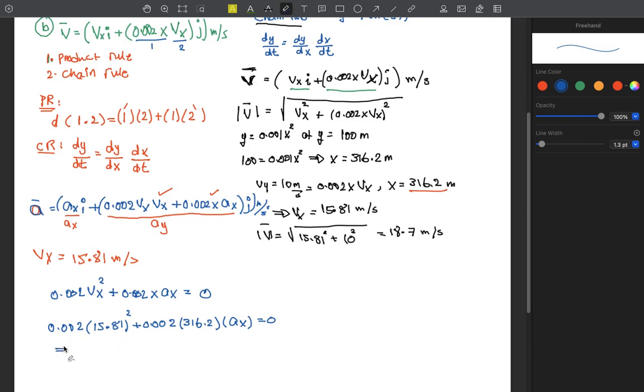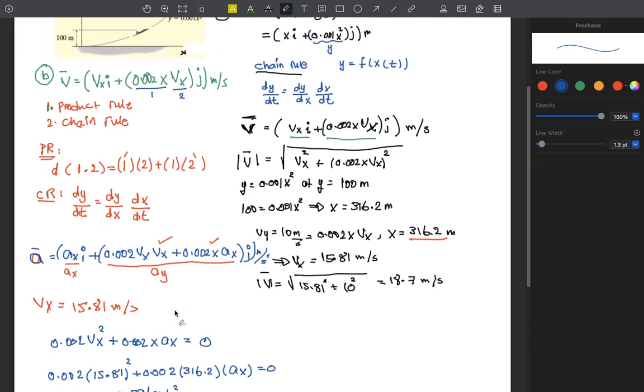So now ax equals minus 0.791 meters per second squared. And since we have only acceleration in the x direction, ay is 0. So the resultant should also be in the x direction.